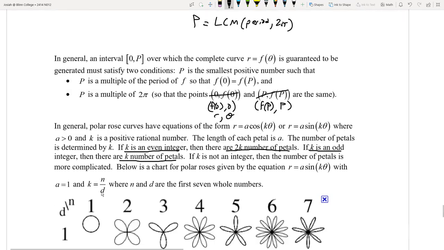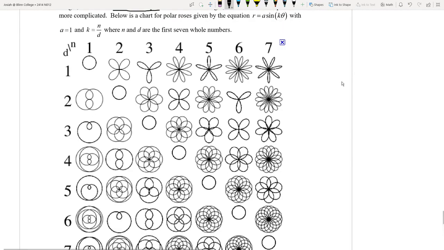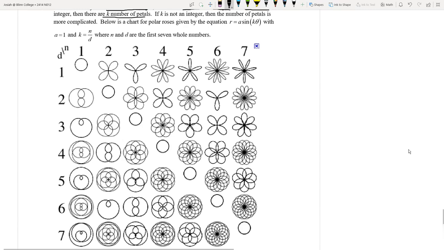And so we have a chart here. So here are rose curves with rational k. This looks very complicated, so let's talk about what we'll actually focus on. Pretty simple.